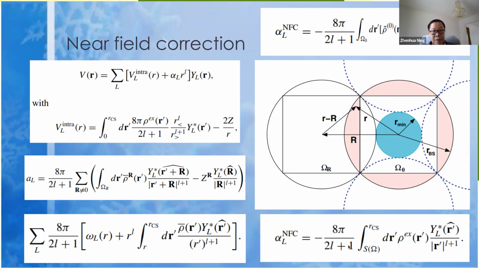Yes, in my calculation, I don't do this. I use the isoparametric method to calculate this integral. Okay. So this is the 3D integral. Inside the inscribed sphere, this part can be done differently.